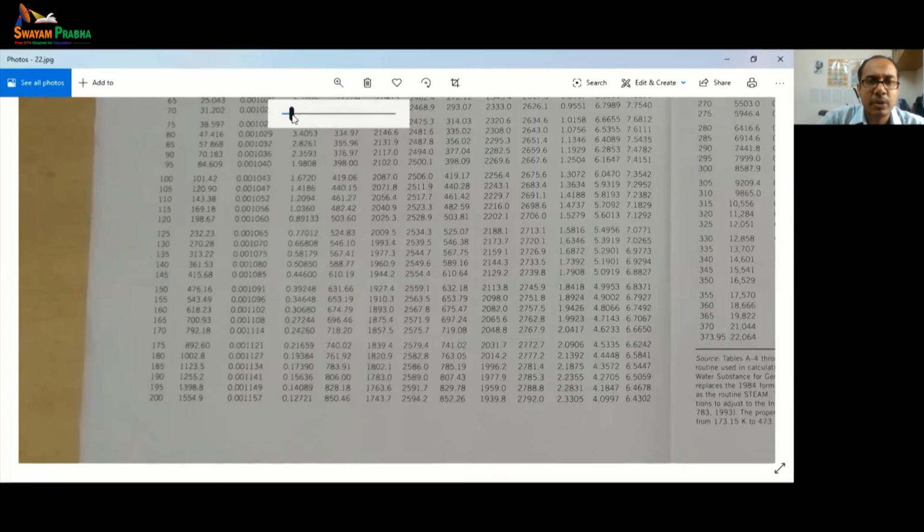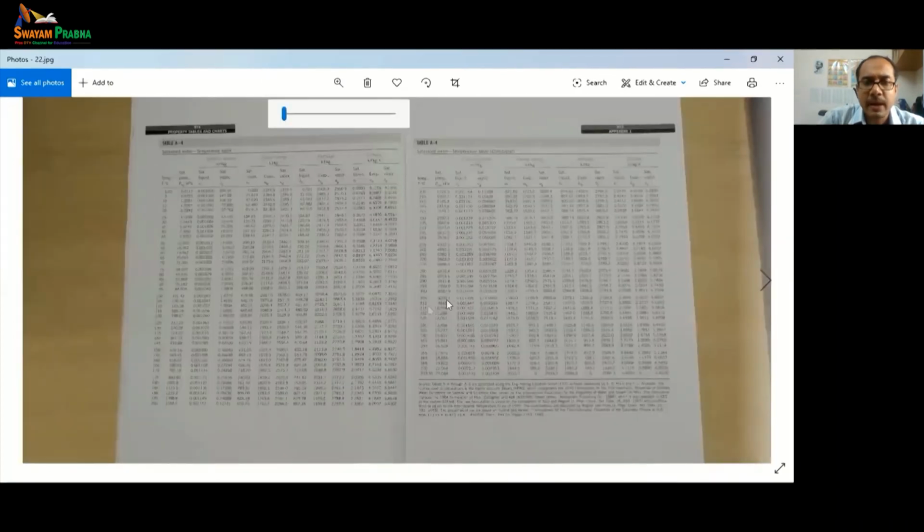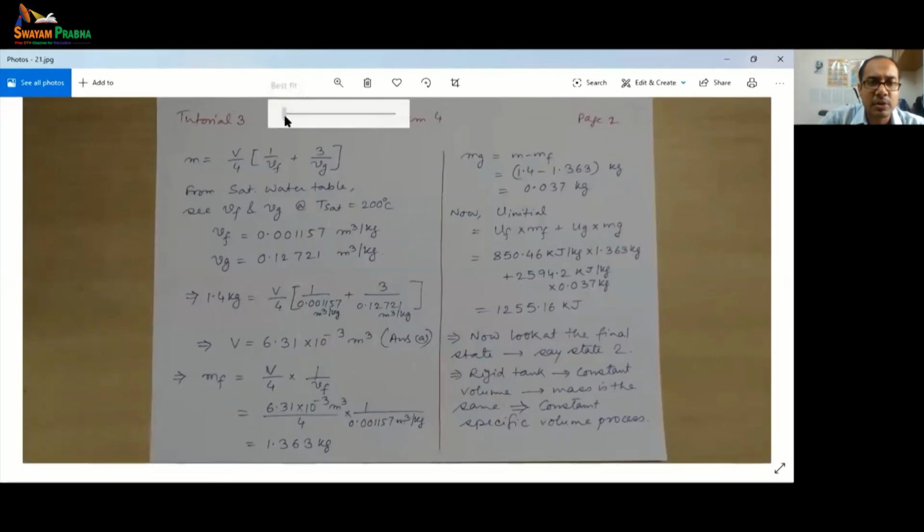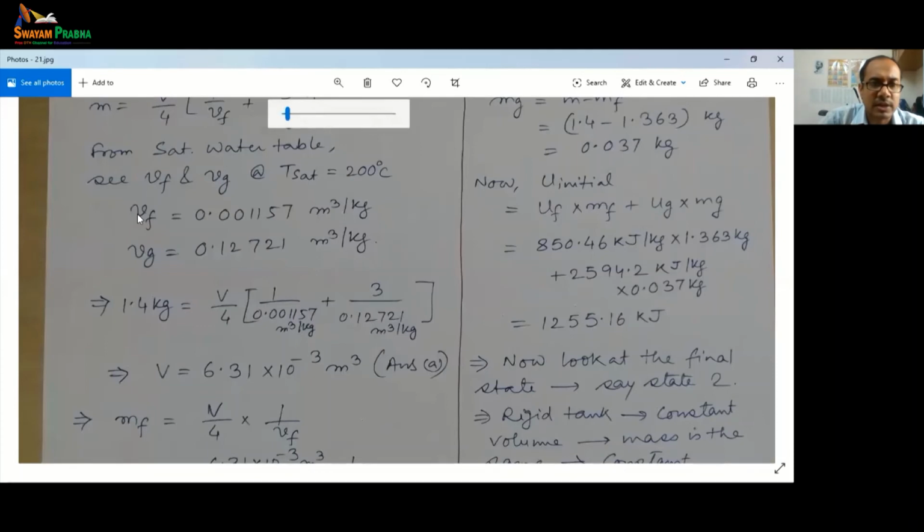Let's go back to the problem and use these values. Vf is 0.001157 meter cube per kg and vg is 0.12721 meter cube per kg.